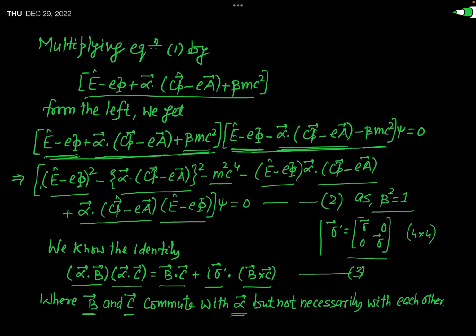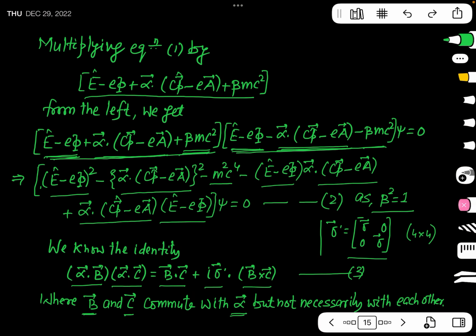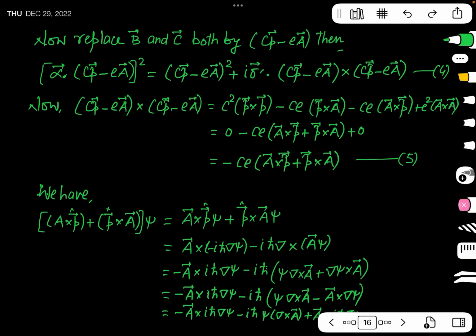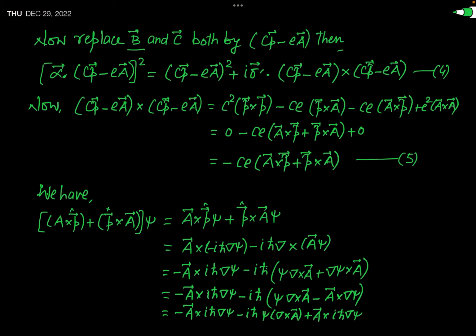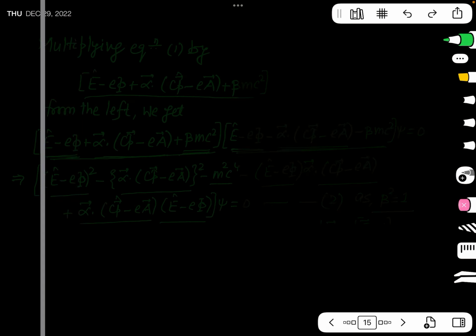So simplifying each term, in the first step, we take b and c both equal to cp minus eA. See here, now b and c are replaced by cp minus eA.